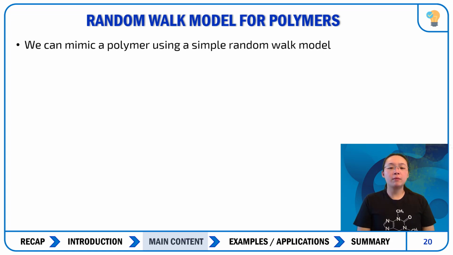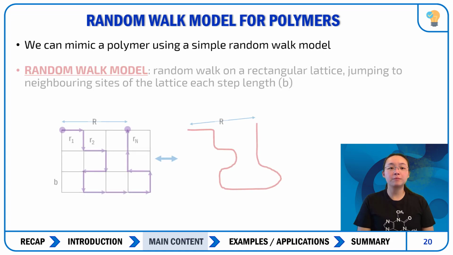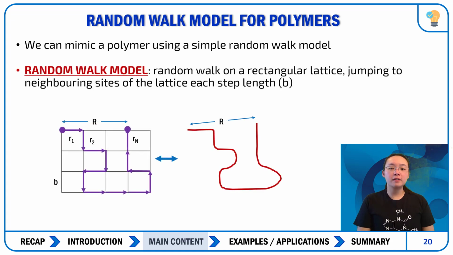So another way to mimic a polymer would be to use a simple random walk model. And what a random walk model is, we place our building block on one corner of a rectangular lattice. So this would be our lattice in black. And we have a purple point here to represent our building block. So then this can jump from that starting point to neighboring sites. So it can either go this way or this way, but there's an equal chance, 50-50 split, that it goes either way.